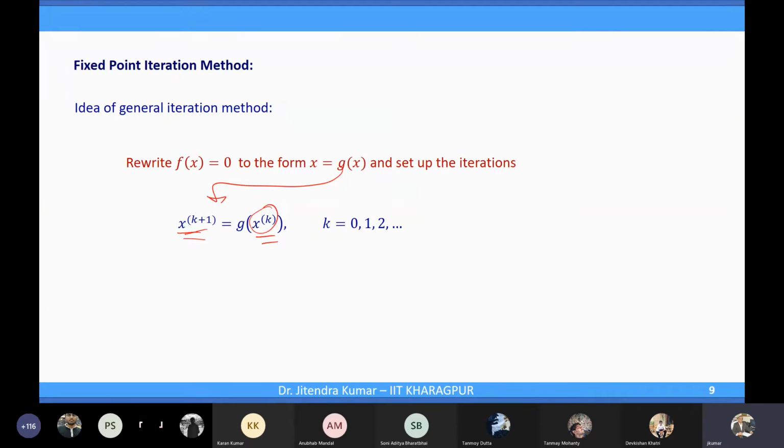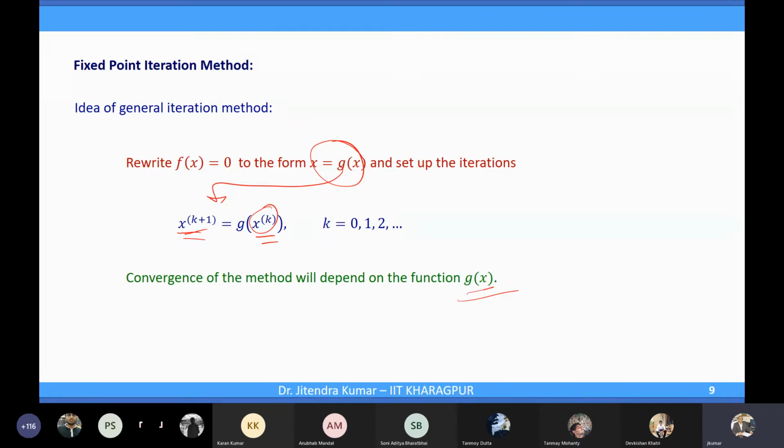So again, an initial guess is required in all iterative schemes, including this one, of course. Now the problem is that the convergence of the method will depend on this g, on how you distribute, how you split. There also splitting was important.